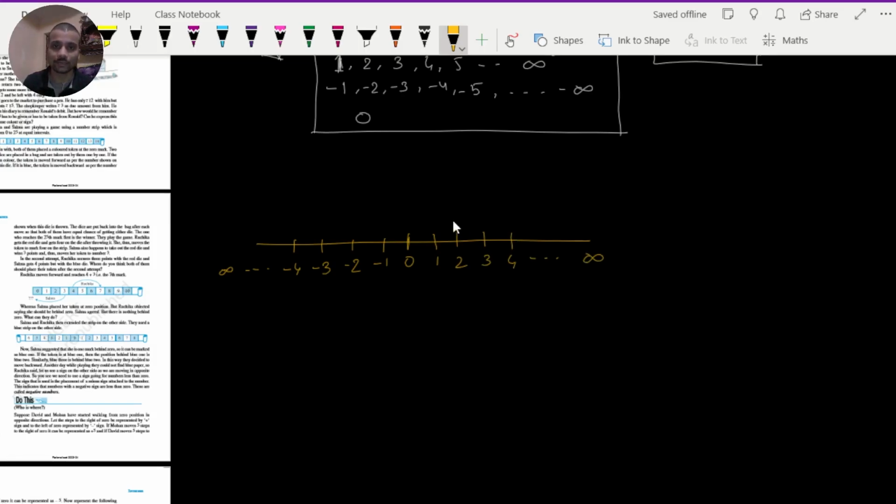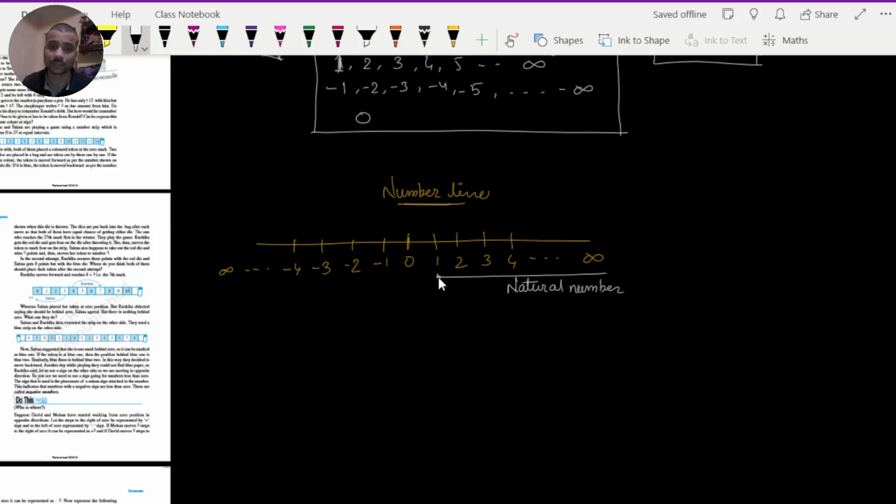I am again making you understand. This is our number line. Here to here is called natural numbers.